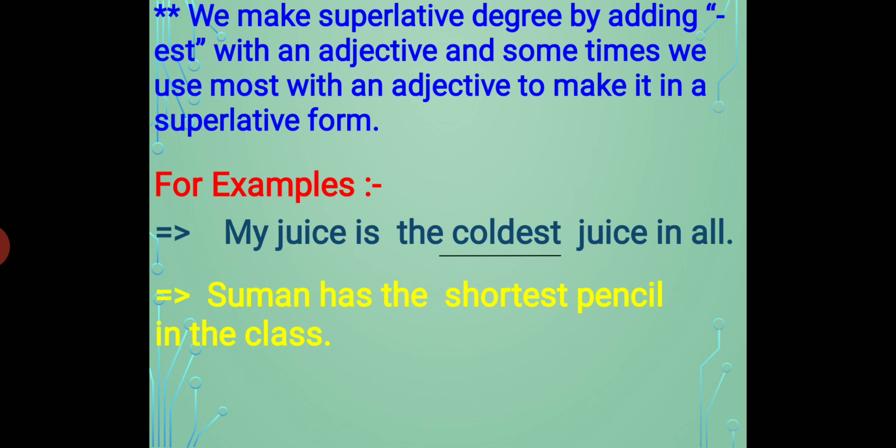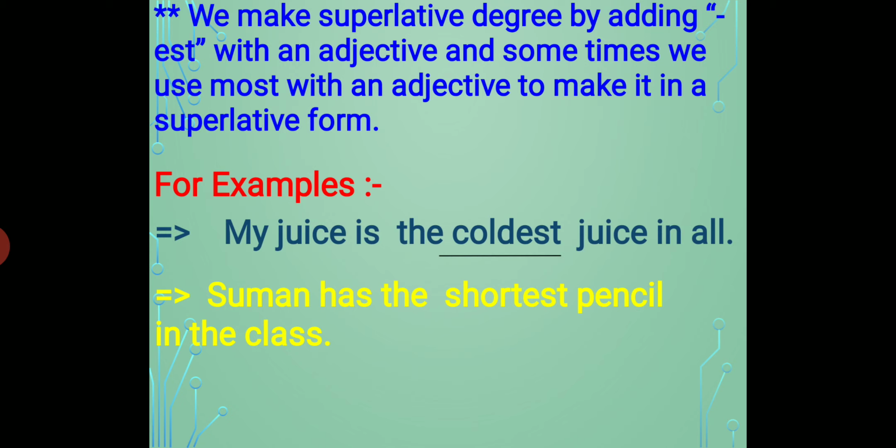Let's see the next example. Suman has the shortest pencil in the class. In the class means not only two students are there in the class, right? How many students are there in your class? More than 30, right? So many students, more than 2. And the comparison is of all the students' pencils.